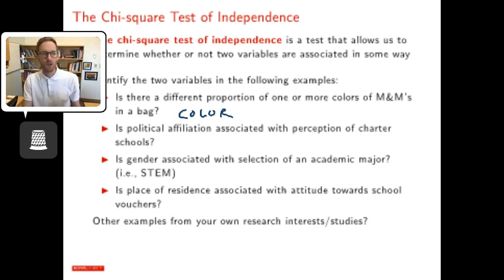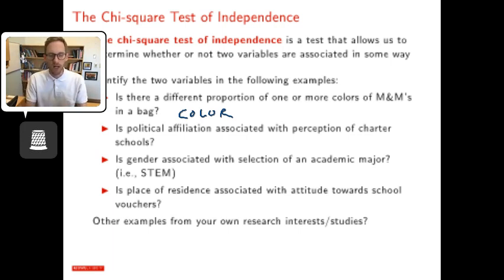And if you drill down, maybe it's that the dyes are more expensive, or there's some reason why Mars, when they're making M&Ms, tends to favor one color over the other. And it could be that we use a series of bags. So we have bag number 1 and the colors, and bag number 2 and bag number 3. So in that way, maybe bag's a variable as well. But the idea here is just looking at color. I think these other ones will make more sense thinking about 2 variables.